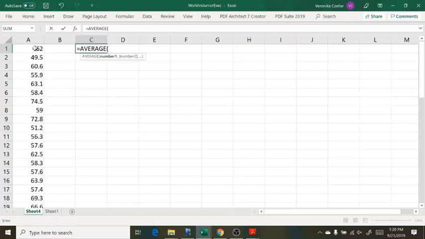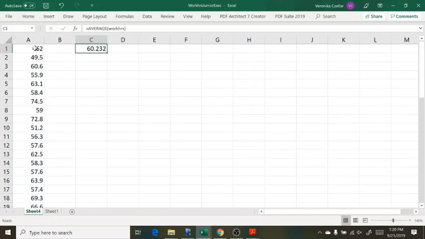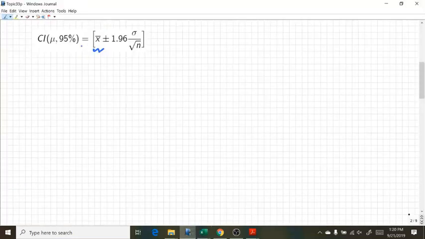And you enter the data. I get 60.232. So that's my sample mean.